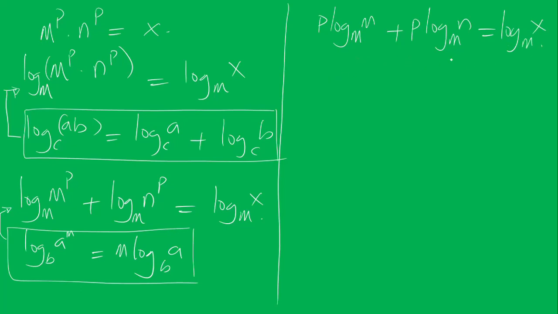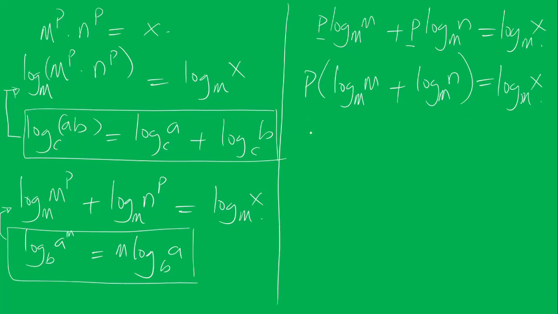Now factorizing this, because we have a common factor here, we bring out the common factor and we have p times log m base m plus log n base m equal to log x base m.